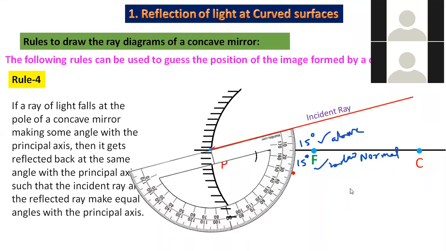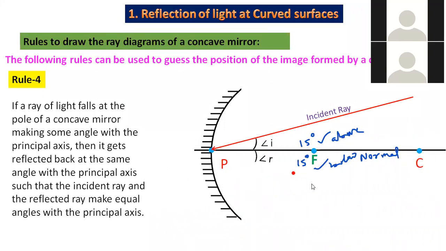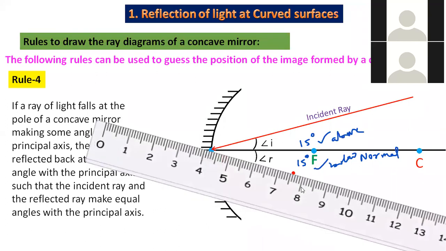Yes, thank you. So now, measuring the angle of reflection here. See, I'm showing you below the principal axis. Now removing the protractor. Then what to do? Join the point of incidence and the point you identified to trace the reflected light ray. This is the red color point. Then put your scale like this, joining the pole and the identified point.